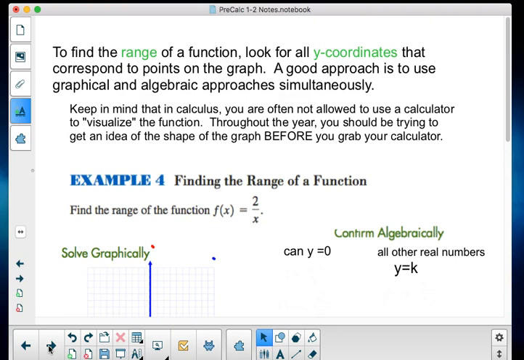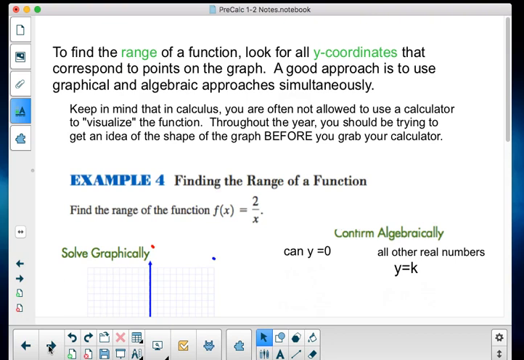In calculus, you are often not allowed to use a calculator to visualize the function. So the more we do without it right now, as we wean ourselves off, keep visualizing it, keep thinking about it, check it, and try to reassert your understanding of what's going on with that function if you've made a mistake on it.